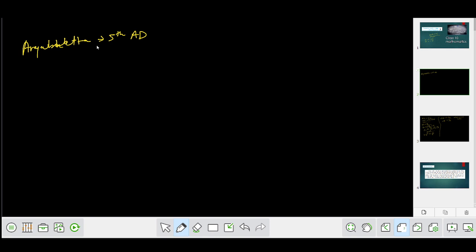Aryabhatta not only introduced the concept of zero, we know zero is defined by Aryabhatta, and the decimal system 0 up to 9 is defined by Aryabhatta.